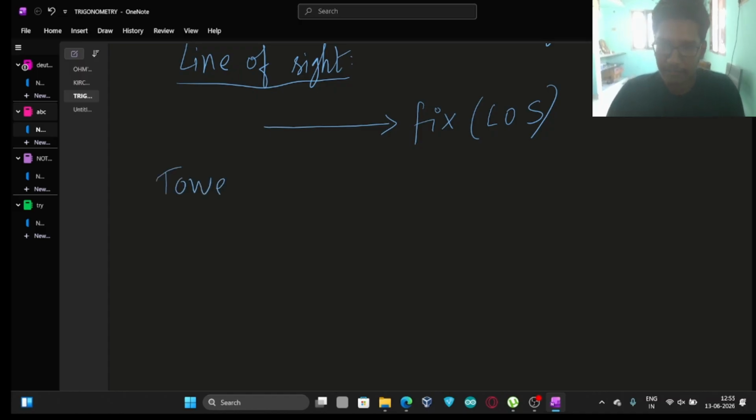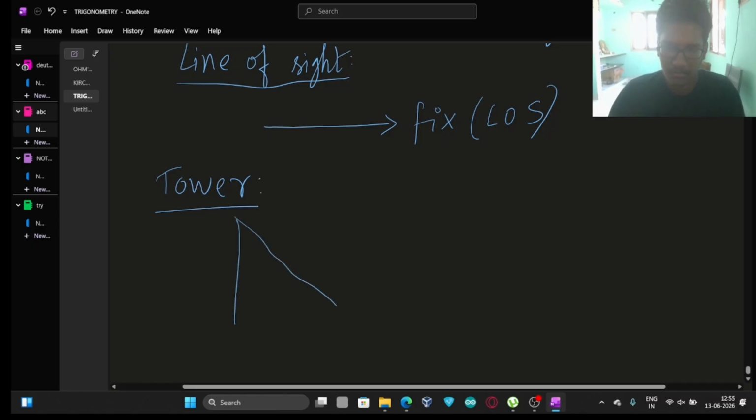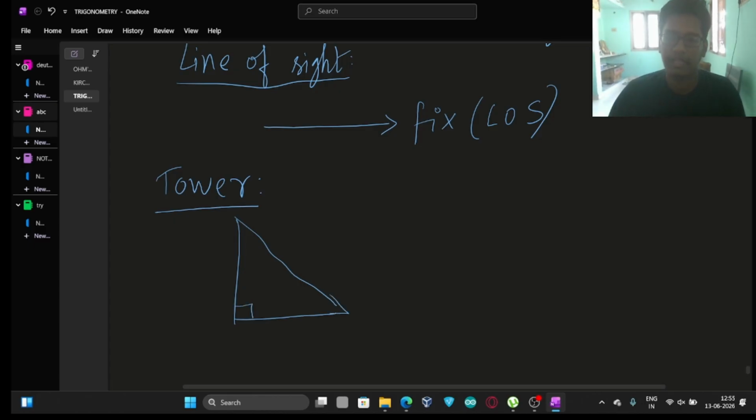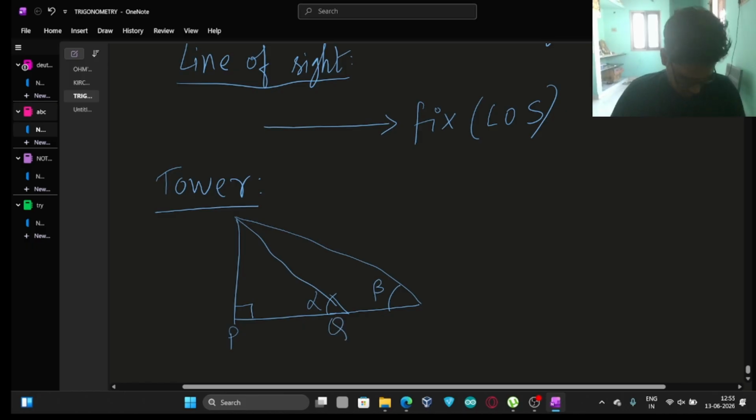Let's consider a tower, and this tower is right angle shaped, and you could write it like this. This is an alpha angle and this is a beta angle, and this is Q. Like this, A, B, P, and Q.